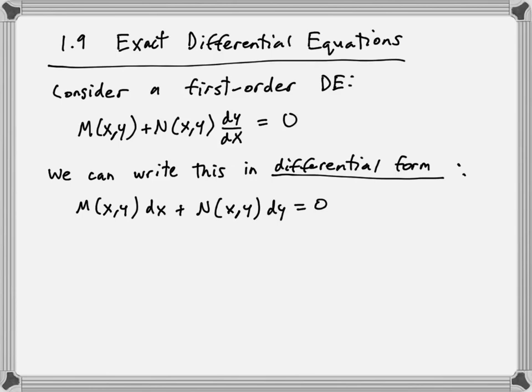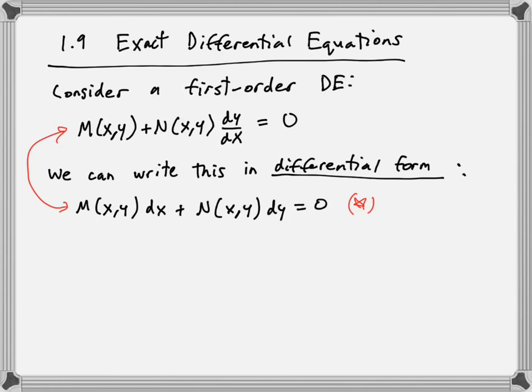Now I know it doesn't look like this makes sense because we've got a dx and a dy there. But remember, this really just means this. They mean the same thing. So the dy/dx really is truly attached to the N that's right there. Let's go ahead and give this a name. We're going to call it star so that we can refer to it in a second.